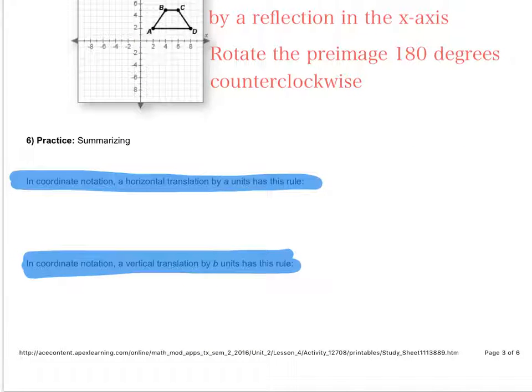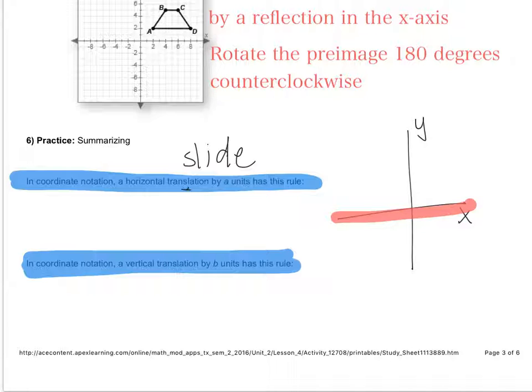In summary, it says in coordinate notation, a horizontal translation by a units has this rule. The first thing I want you to know is that when you see the word translation, all we're talking about is a slide. Once again I'm going to draw my y and x axis. I hope this helps. If we move horizontally, from left to right, then the y value is going to stay exactly the same.